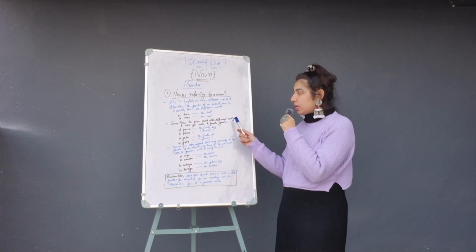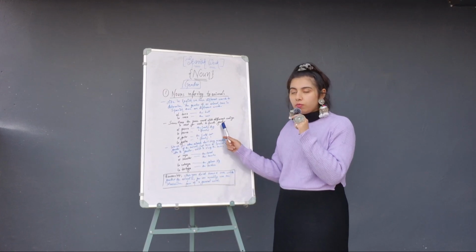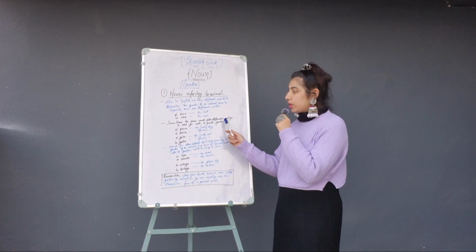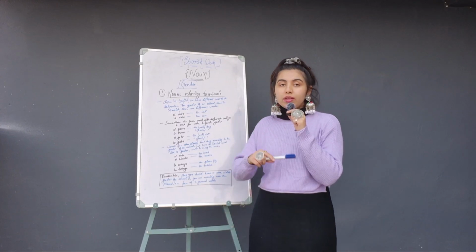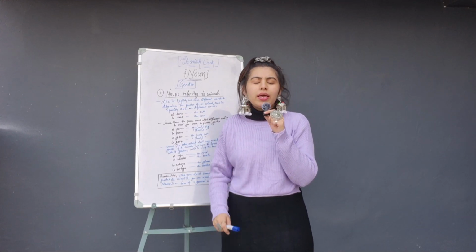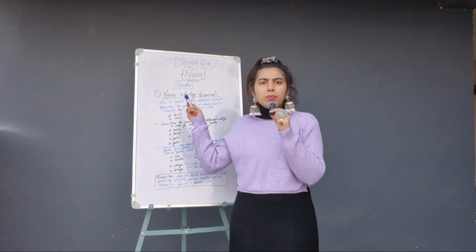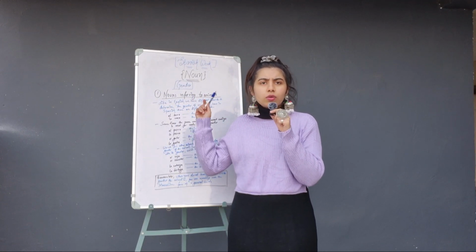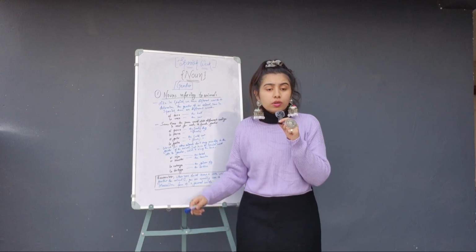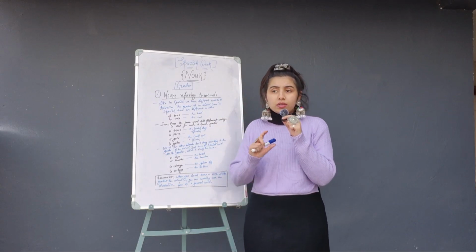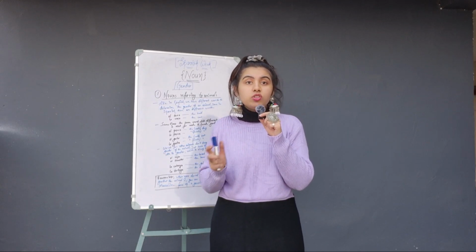Sometimes the same word with different endings is used for masculine and feminine gender, like we covered in the nouns referring to people. The endings change according to the gender.